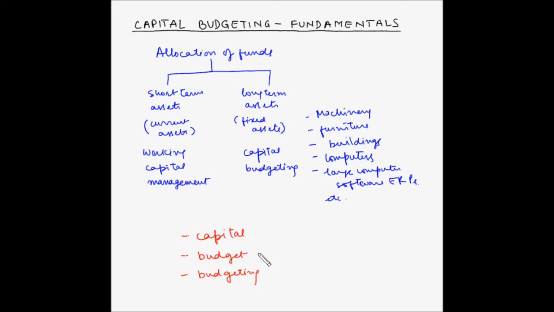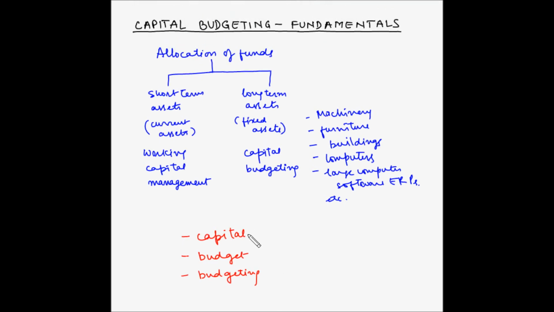Budget is a plan that details the projected inflows and outflows during some future period. So the capital budget is a plan of investments in long-term or fixed assets, while capital budgeting is the whole process of analyzing projects and deciding which ones to include in the capital budget.